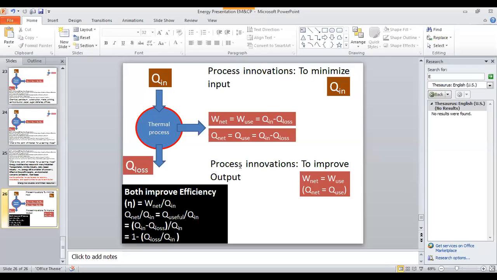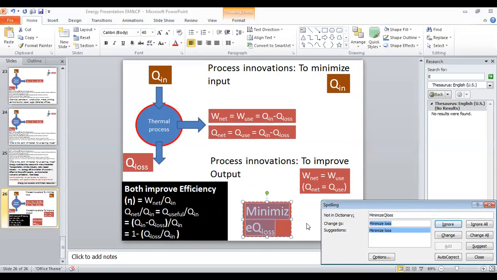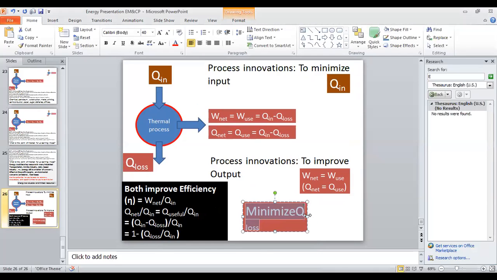Both really minimize the losses. Both minimize Q loss.